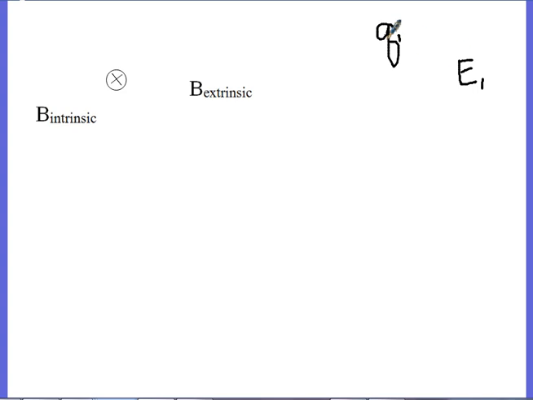This creates a field, we would call that an intrinsic field, and it would not exert a force back on the thing that created it. It has to be a field from someplace else. If you have a Q2, then this field, which would be extrinsic to Q2, would exert a force on Q2. But it would not exert a force back on the thing that created it.